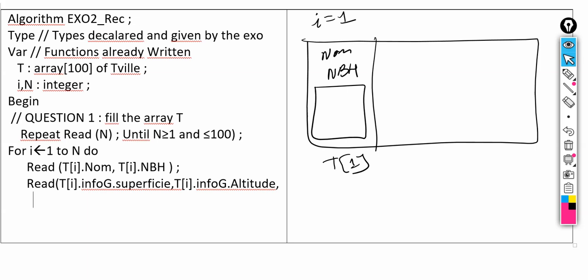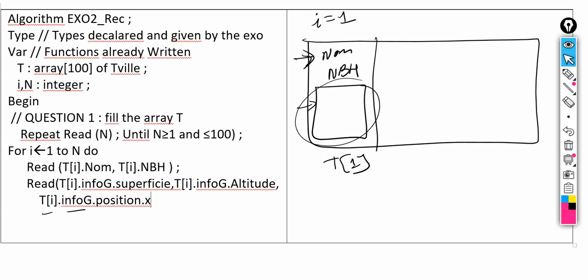So in order to do that, the same thing, I will write the path from the first level till the third level. So I have TI point M4G point position point X. This is how you do it. Level 1, which is TI. And then you have level 2, which is M4G. And inside level 3, you have position.